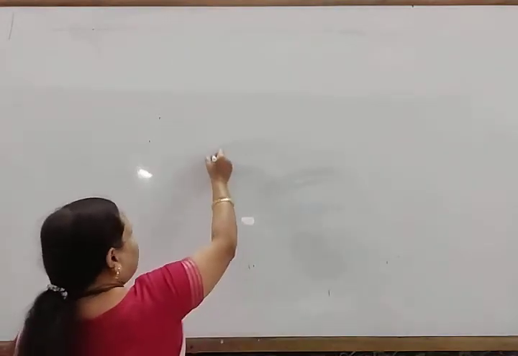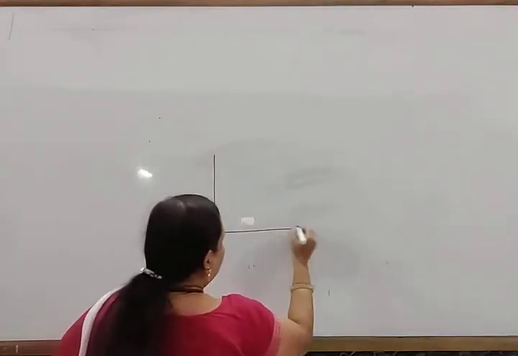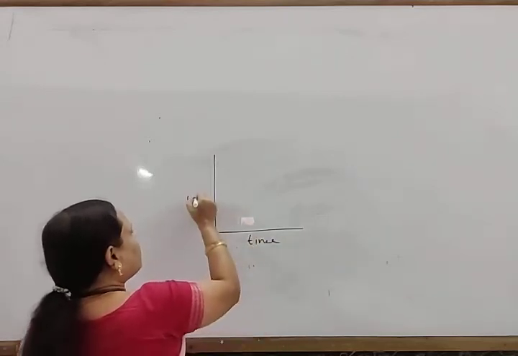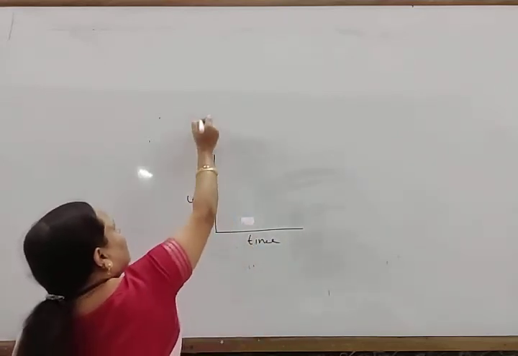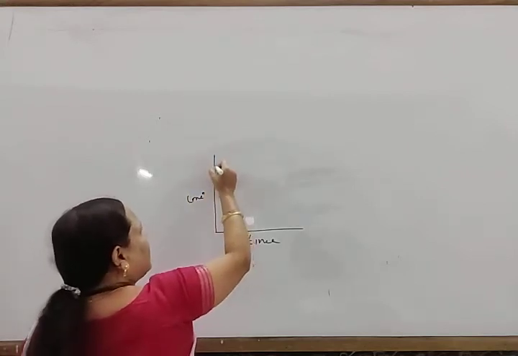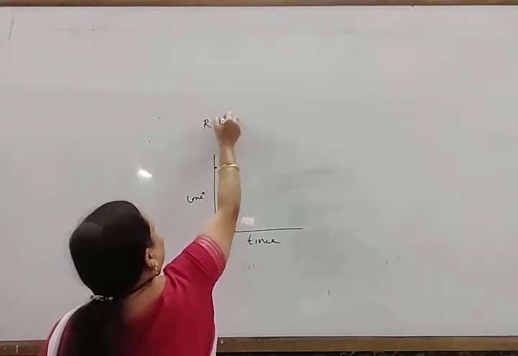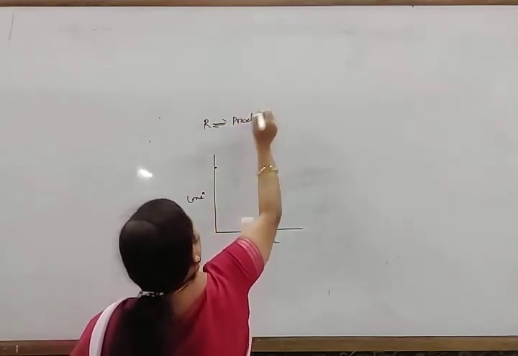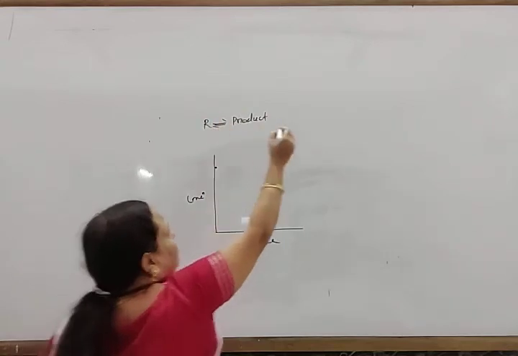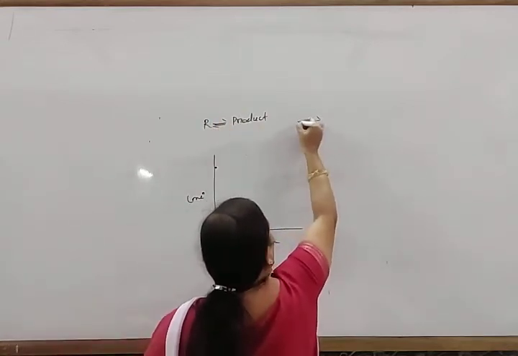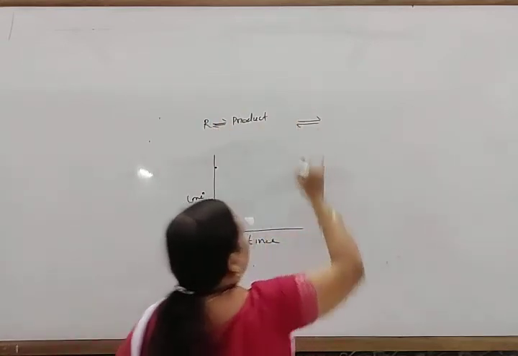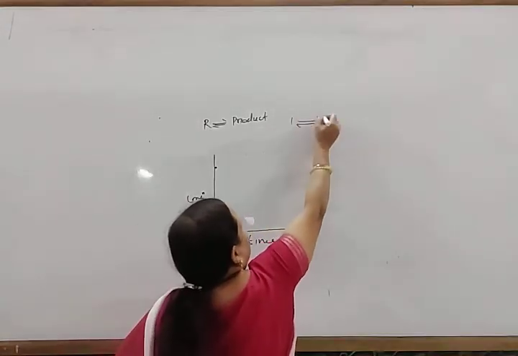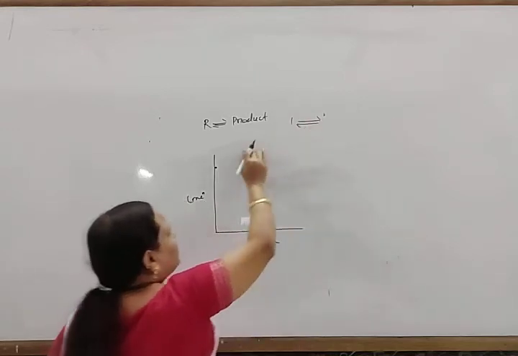Look here, suppose we draw a graph with time here and concentration here. For example, some reactant R gives rise to product, and this reversible reaction is generally represented by a double-headed half arrow, like this. This equilibrium reversible reaction is generally represented by this.